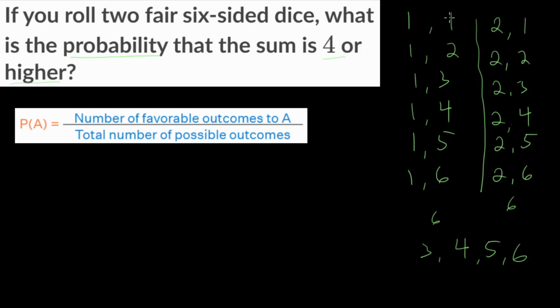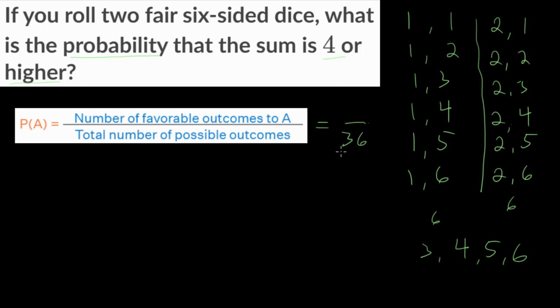So we have 6 groups of 6, or in other words, 6 times 6 total possible outcomes, which would be 36. So we can start by noting that our denominator here has to be 36. There are 36 different ways that we can roll two different dice and add their numbers together.